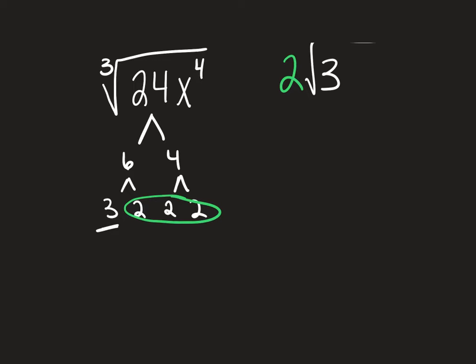So next we need to deal with our x to the 4th. Again, you kind of have to take x's out in groups of 3 as well, because if you think about it, x to the 4th is just x times x times x times x, right? So we can take out an x also.